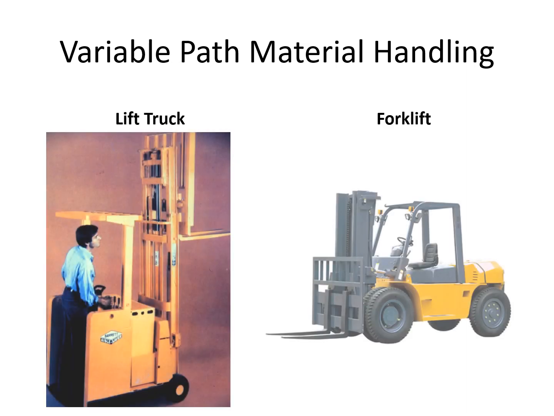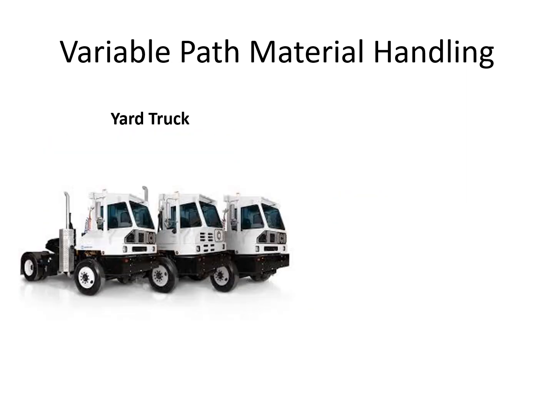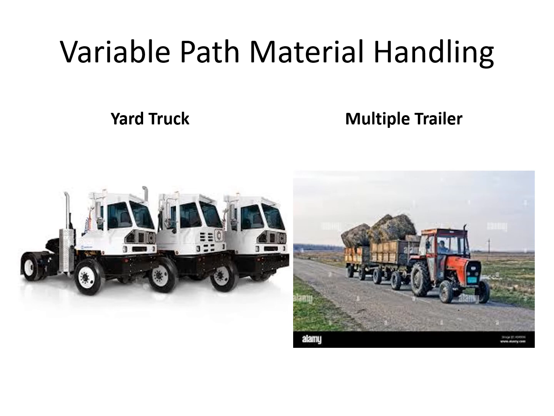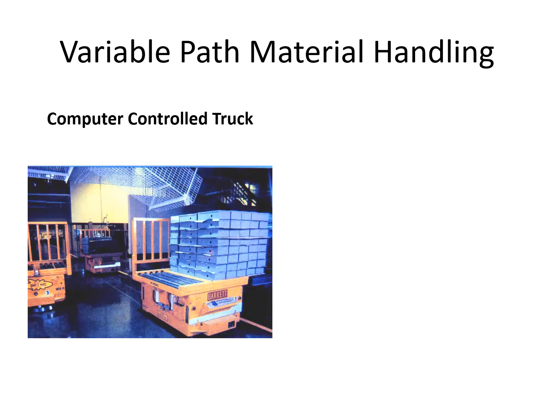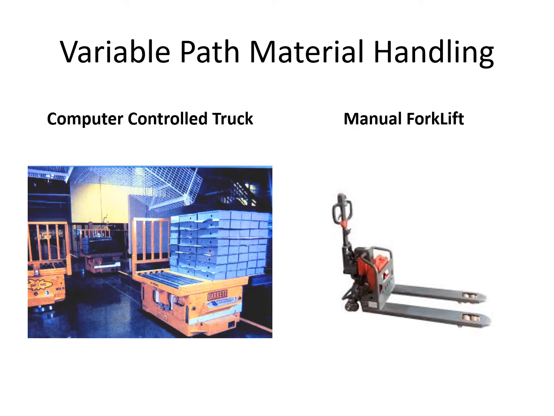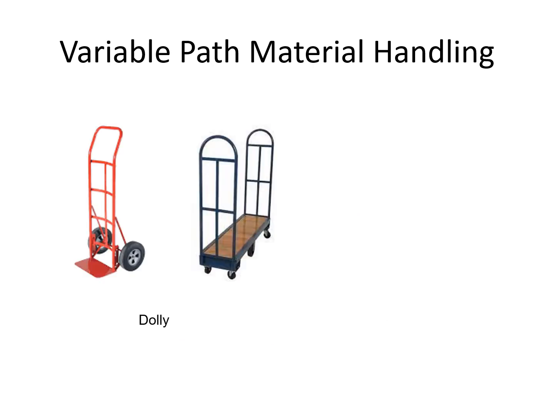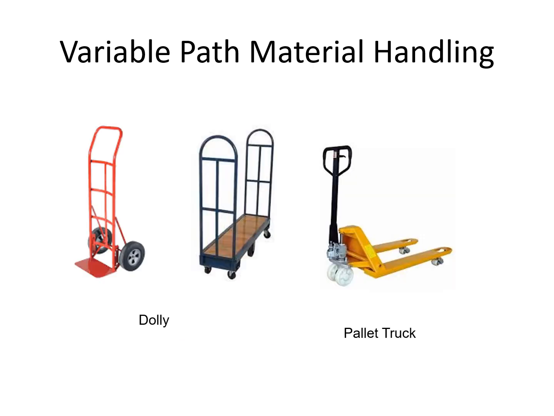Moving on to the variable path material handling equipment, we may have the lift truck, the forklift, the yard truck, the multiple trailer, computer controlled trucks, manual forklift, the dolly or the pallet truck or simply the truck.